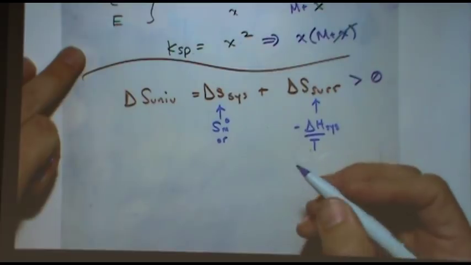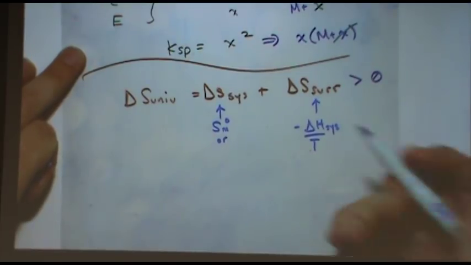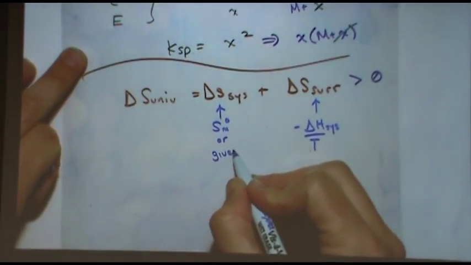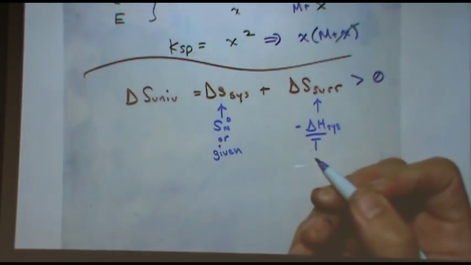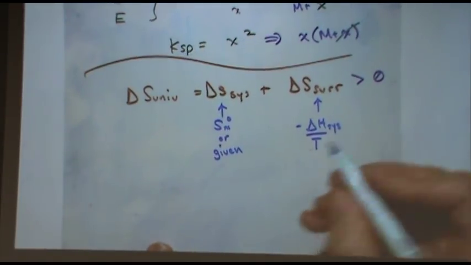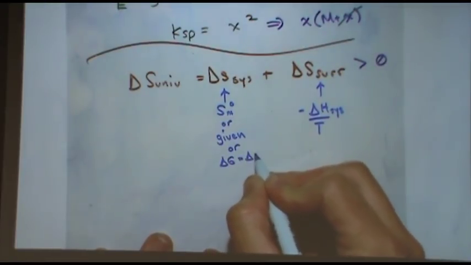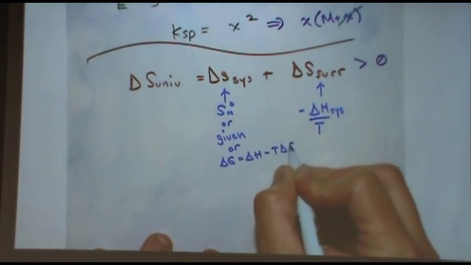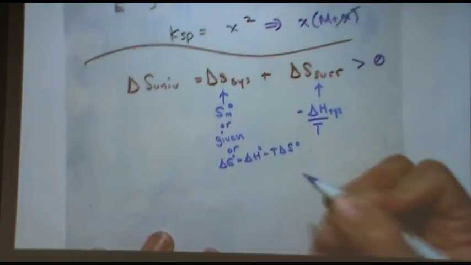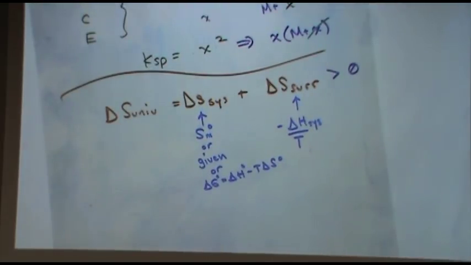Or, I guess it could be given. That's possible. Let's see if there's anywhere else you might get it. You could get this, or maybe if you had delta G and H and you just solve for delta S, that could be another way you could get that.